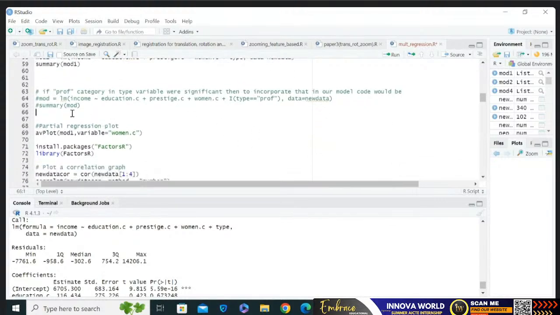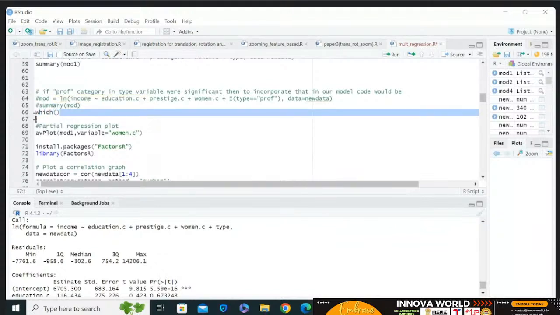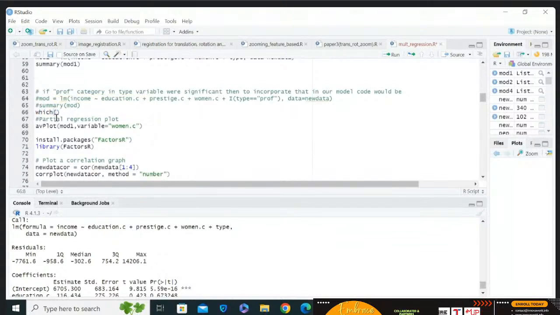You can type the command is.na, or there is something called the which command, which(is.na()) on those variables. You can find those rows where there are missing values. Finding missing values is not tricky, but dealing with them is a different ball game altogether.